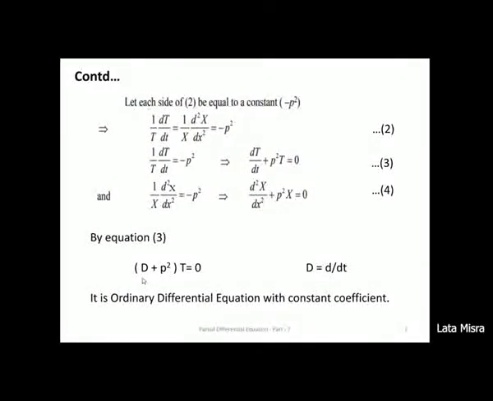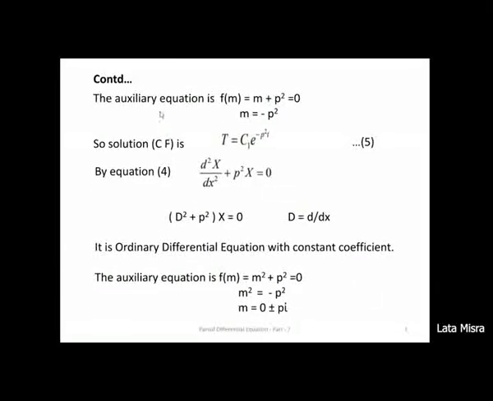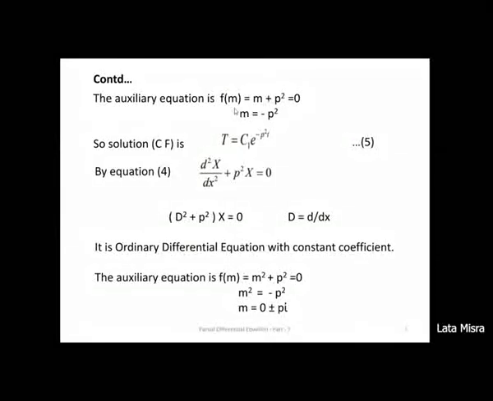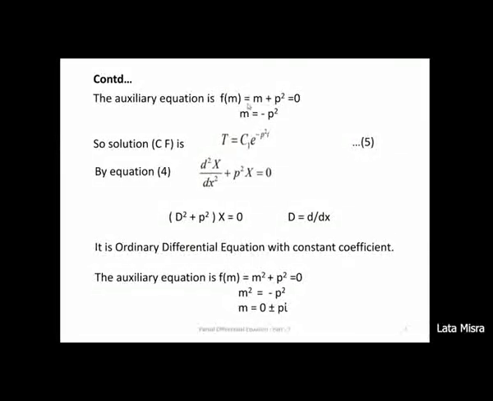Now by equation 3, d/dt is replaced by capital D, and we have (D plus p square) T equals 0, which is the form of an ordinary differential equation with constant coefficients. We write the auxiliary equation, f(m) equals 0.